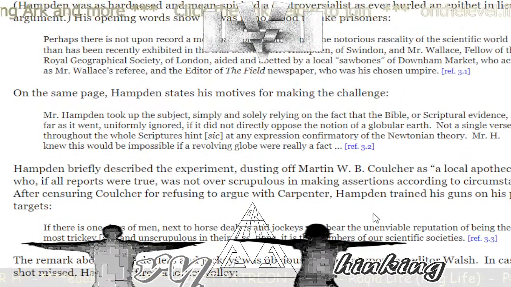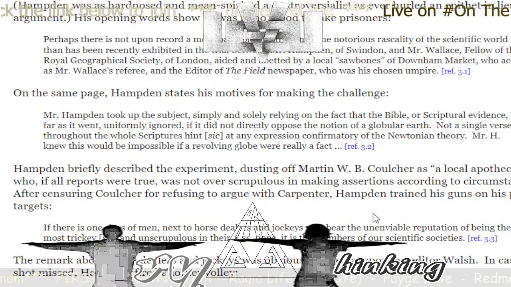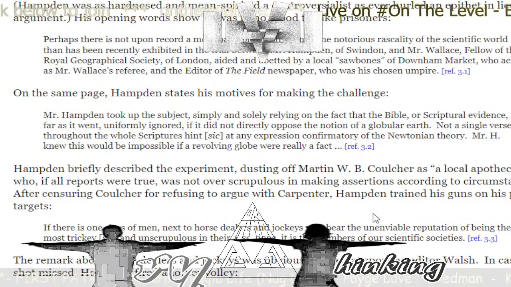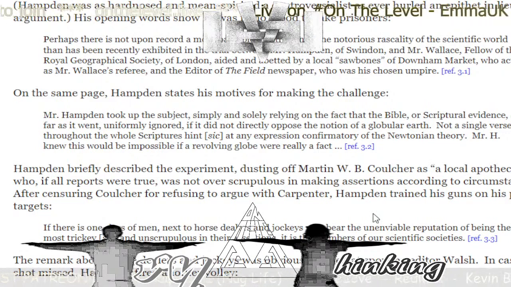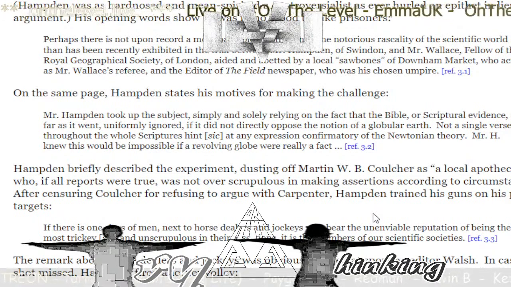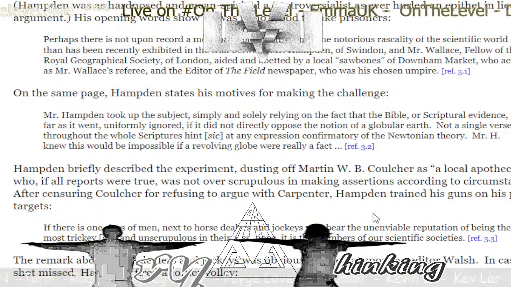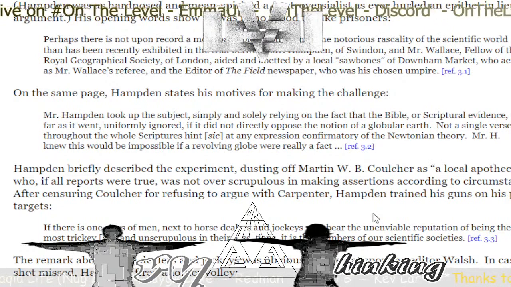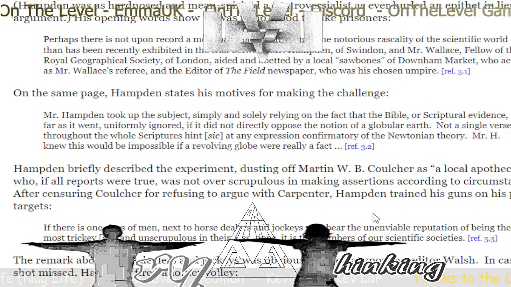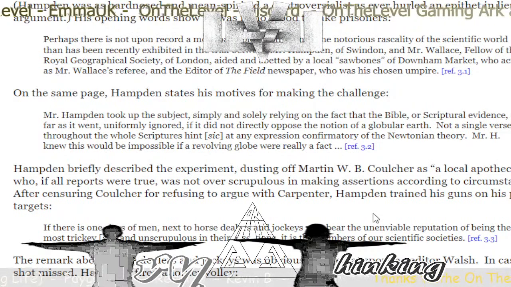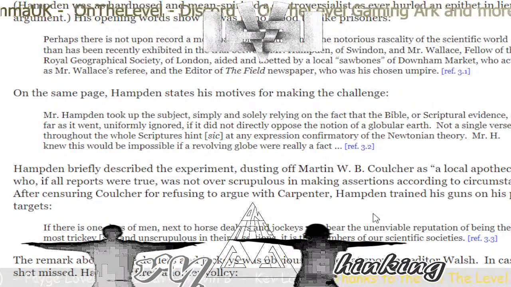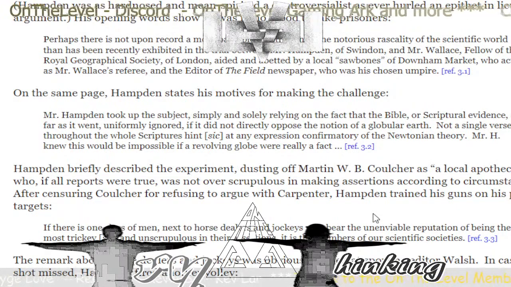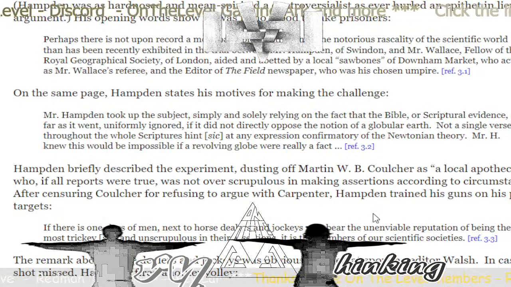"If there is one class of men, next to horse dealers and jockeys, who bear the unenviable reputation of being the most tricky and unscrupulous in their assertions, it is the members of our scientific societies." The remark about those horse dealers and jockeys was obviously aimed at sporting editor Walsh.